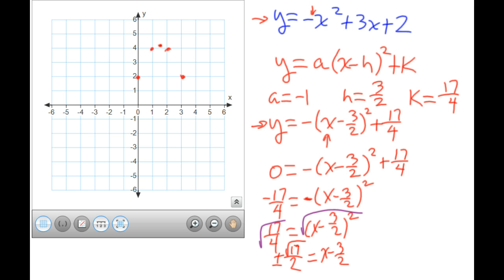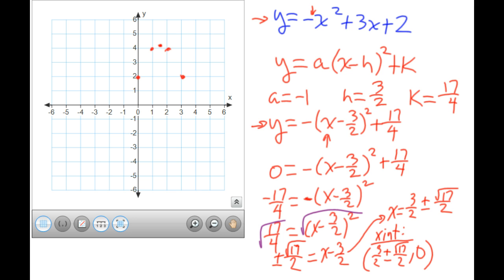And so lastly, solving for x by adding the 3/2 to the other side, I get x equals 3/2 plus or minus the square root of 17 over 2. So my x-intercepts would be 3/2 plus or minus the square root of 17 over 2, comma, 0.